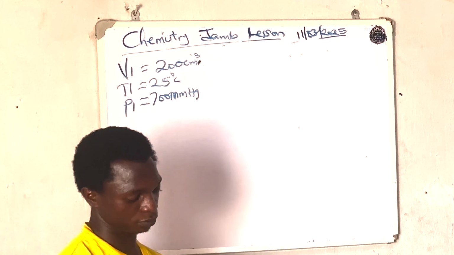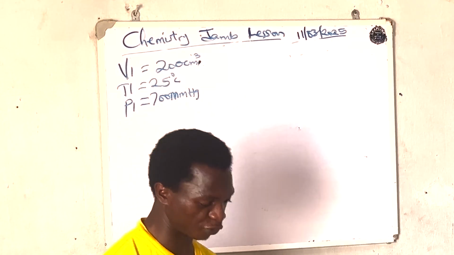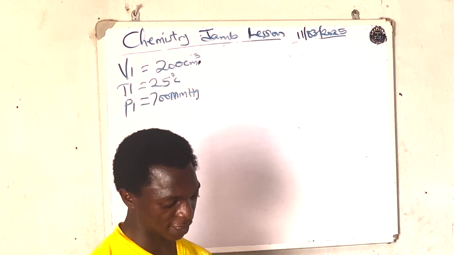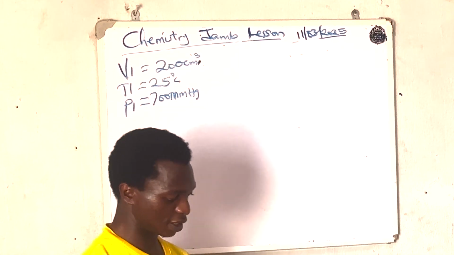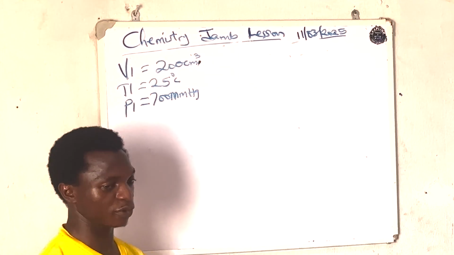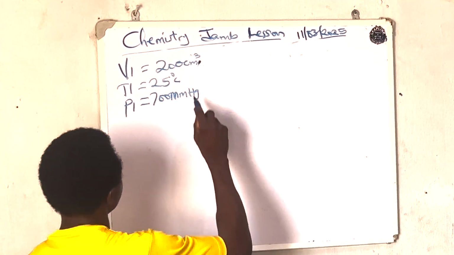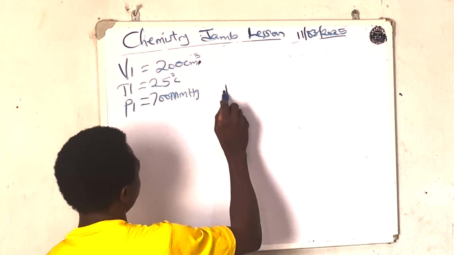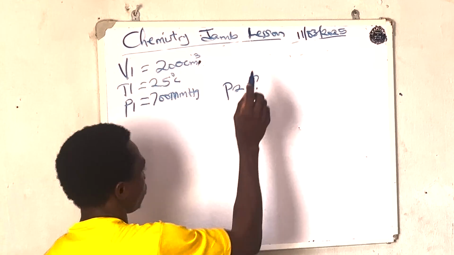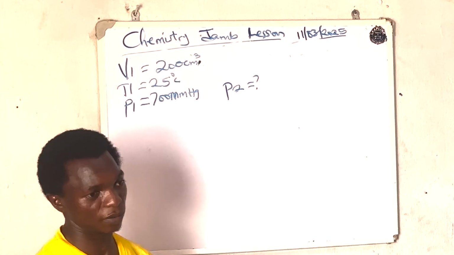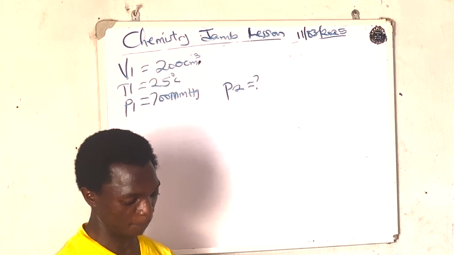Let me read the question. 200 cm cube of a gas at 25 degrees centigrade exerts a pressure of 700 millimeter mercury. Full stop. Calculate its pressure. So it means we are looking for P2, that is the variable we actually have to find.